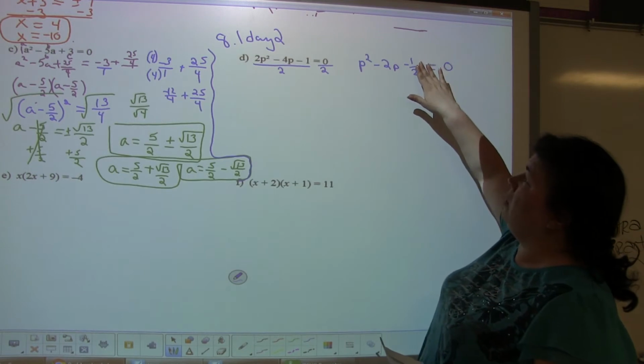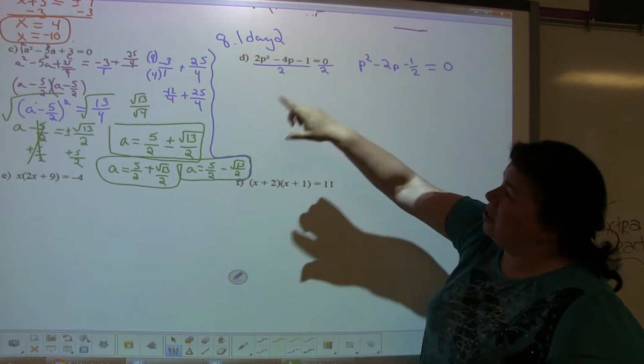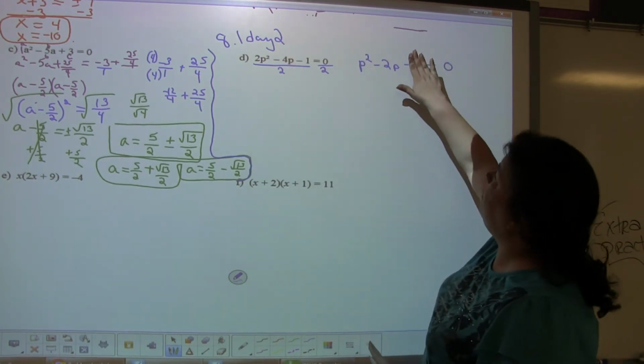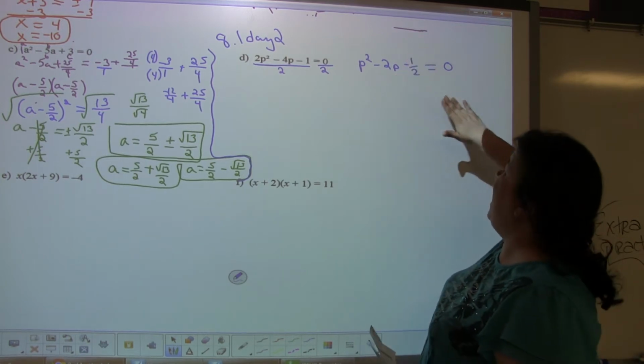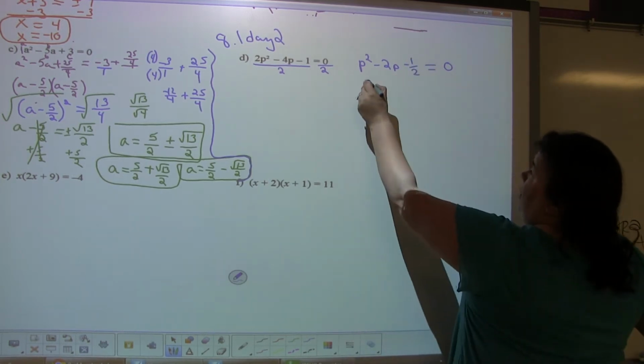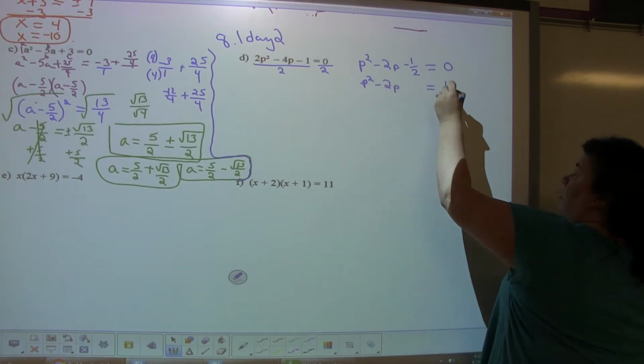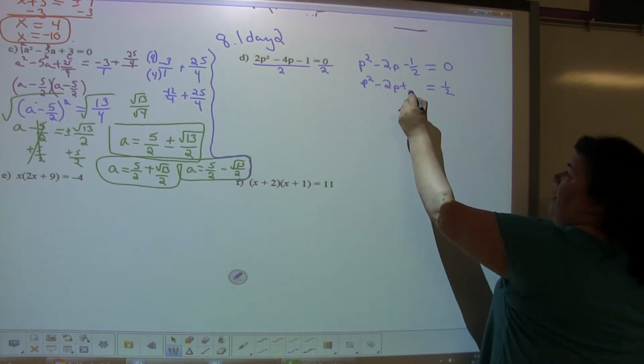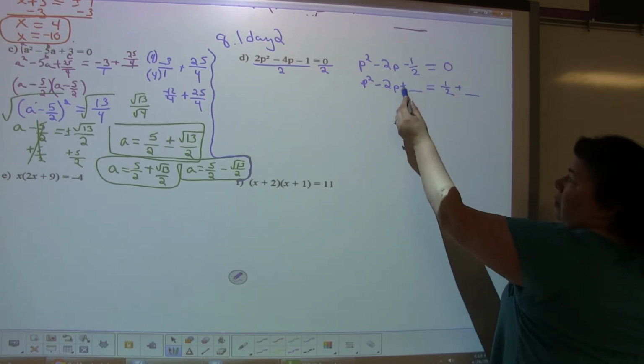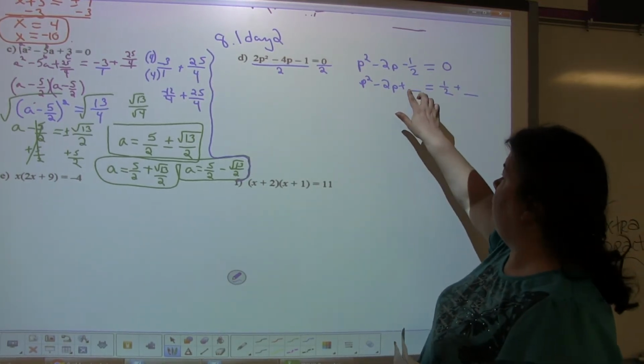So now what I'm going to do is rewrite this equation just like I did the previous ones, and I'm going to get rid of that minus 1/2 by adding it to both sides, and I'm going to save room because I know I'm going to have to complete that square to make that a perfect square trinomial.